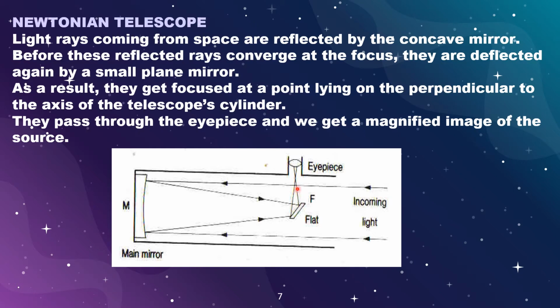So this focus is a point which lies perpendicular to the axis of the telescope's cylinder. What is the position of the focus? It is perpendicular to the axis of the telescope's cylinder. Now these rays pass through the eyepiece and we can get a magnified image of the source.